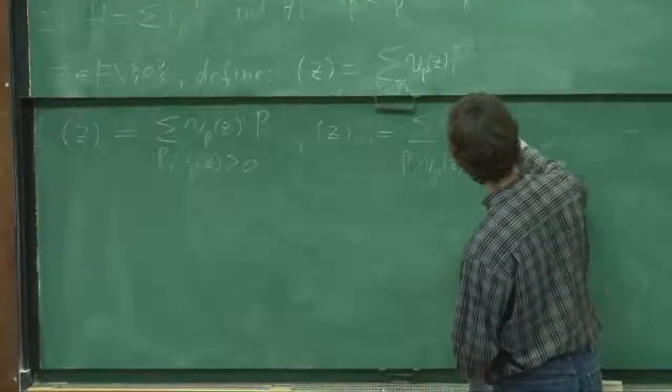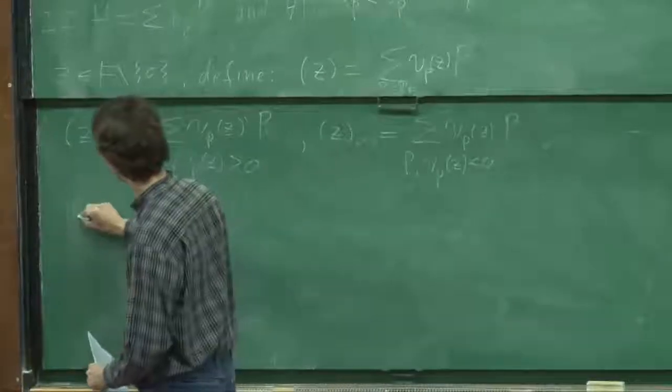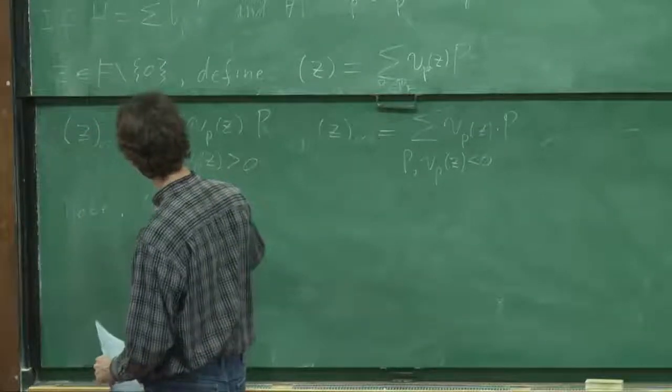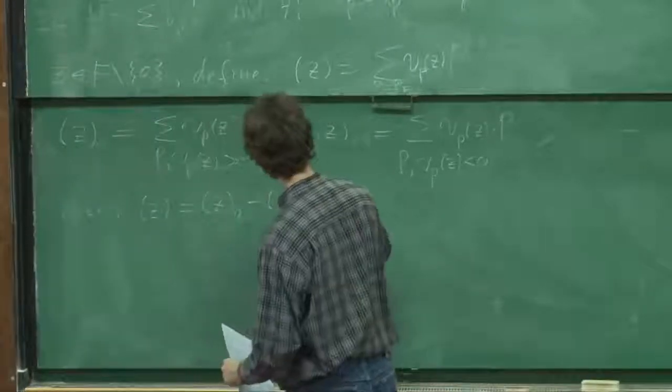Then you get another divisor like this. And note that this is just another way of splitting this divisor Z into two parts, like this.